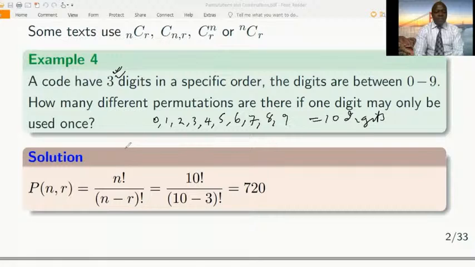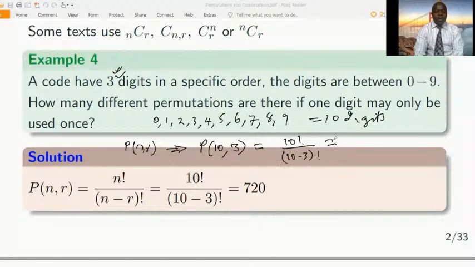Our n here is 10. So the number of permutations of 10 objects taken 3 at a time will be given by 10 factorial divided by 10 minus 3 factorial.